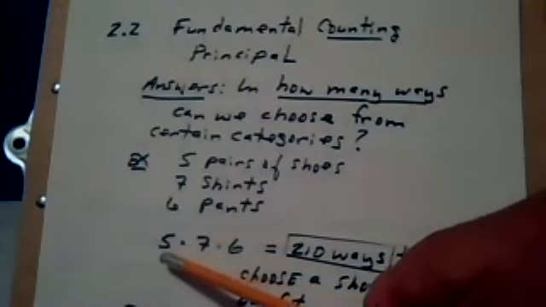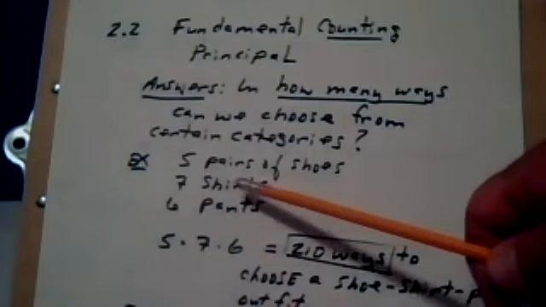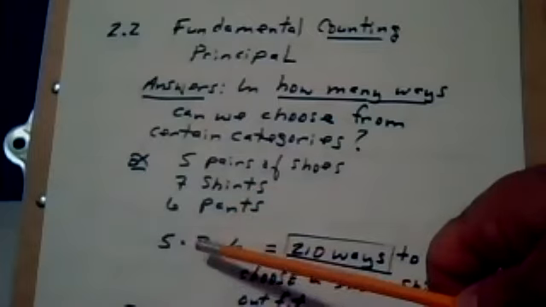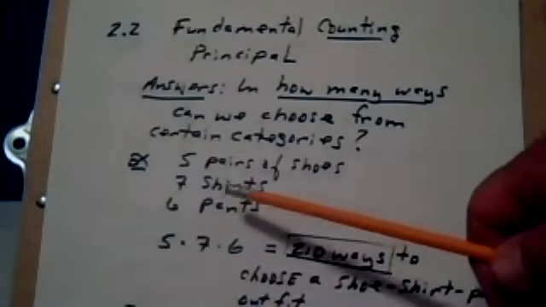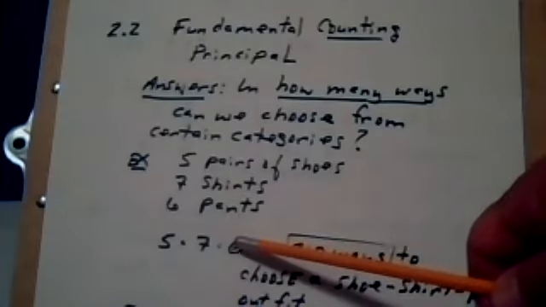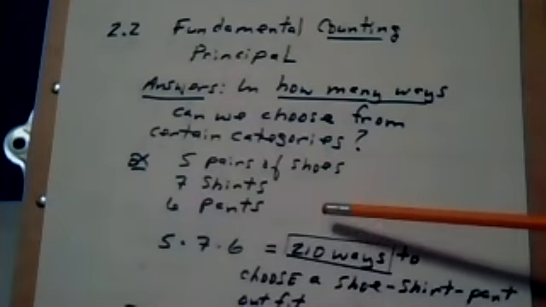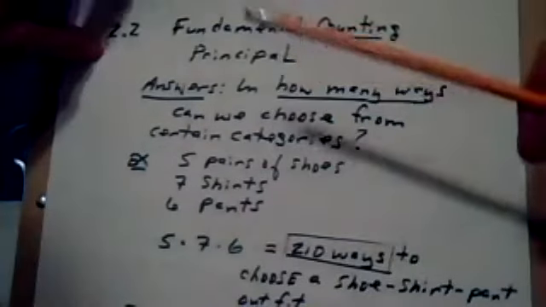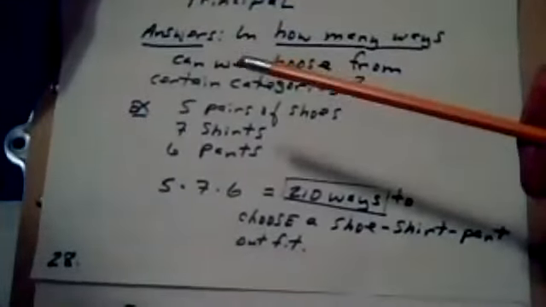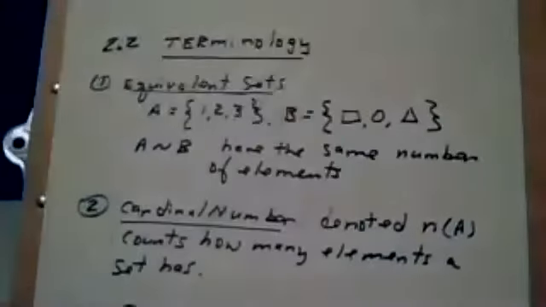First, you go to the first category and you say, I have 5 items available to choose from. I go to the second step and I have 7 items to choose from. And I go to the third step, and from this category, I have 6 options. You multiply them, and this gives you the number of ways you could choose a pair of shoes, a shirt, and some pants. 210 ways to do that.